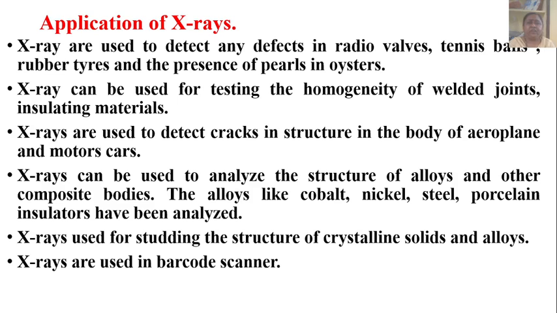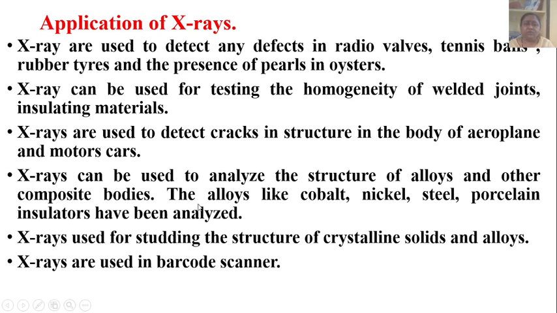Now application of X-rays. X-rays are used to detect defects in radio valves, tennis balls, rubber tires, and presence of pearl in oyster. X-rays can be used for testing the homogeneity of welded joints and insulating materials. X-rays are used to detect cracks in the structure of the body of aeroplanes, motors and cars.